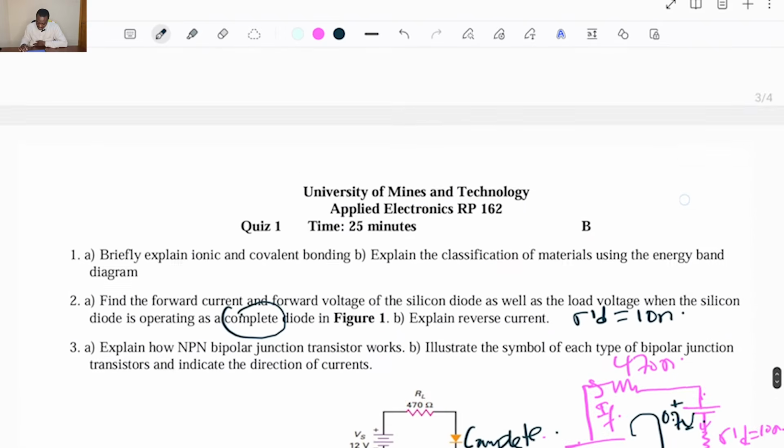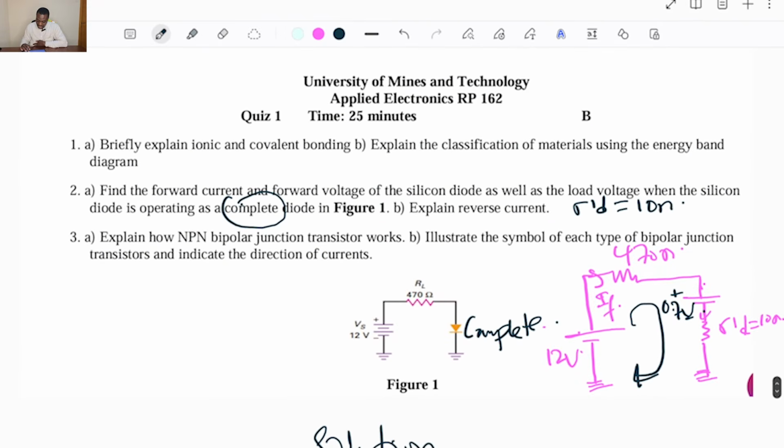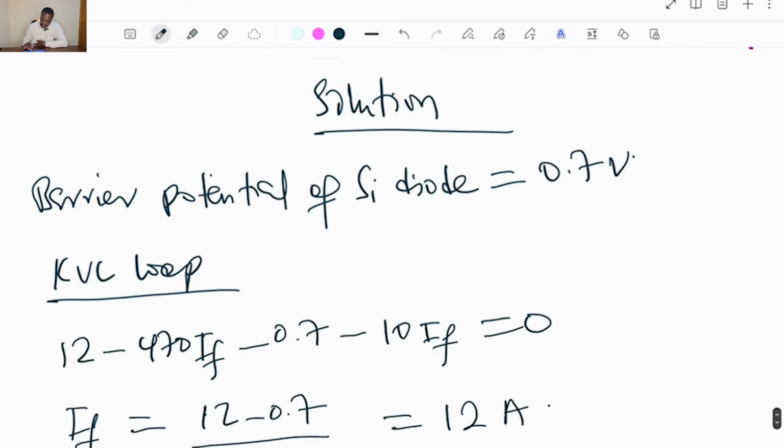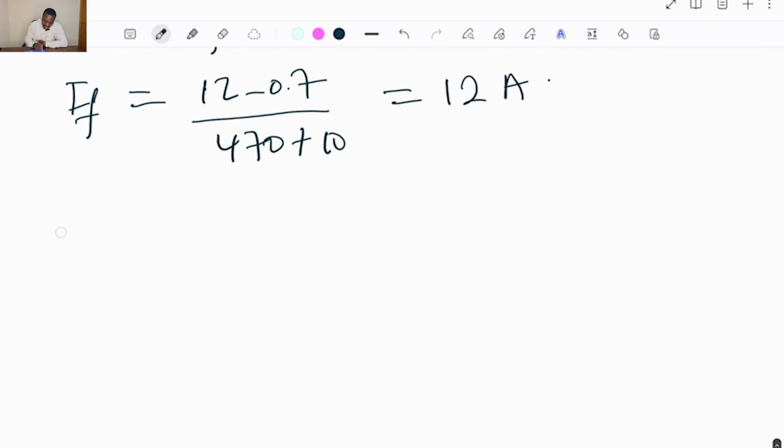So that is for the forward current, and then we have to find the forward voltage. Forward voltage is the same as the voltage across the diode, and the voltage across the diode is going to be the diode component.